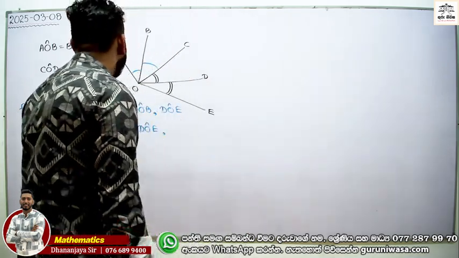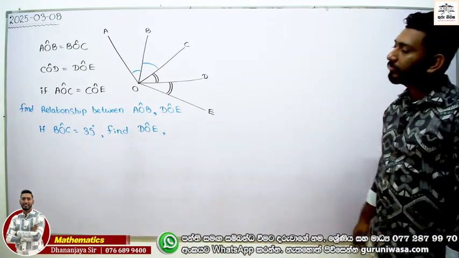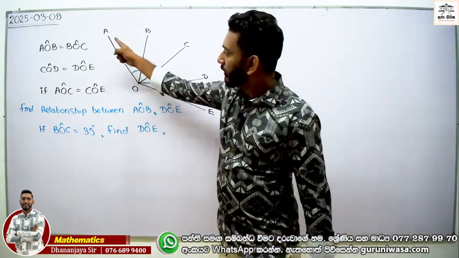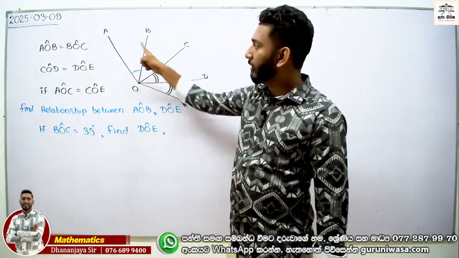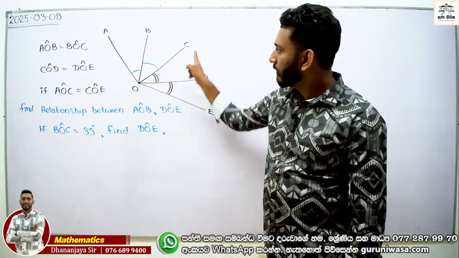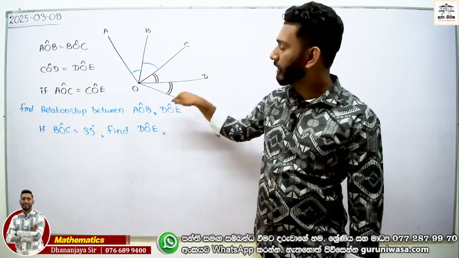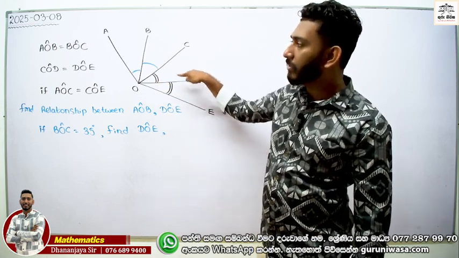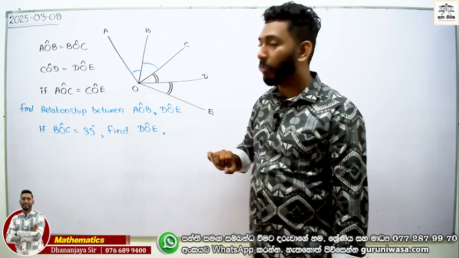Now look at this one. Look at the blue color one. AOB equals BOC. These two angles are equal. As well as COD equals DOE. These two angles are equal. I marked it the black color one, and this one I marked the blue color one.